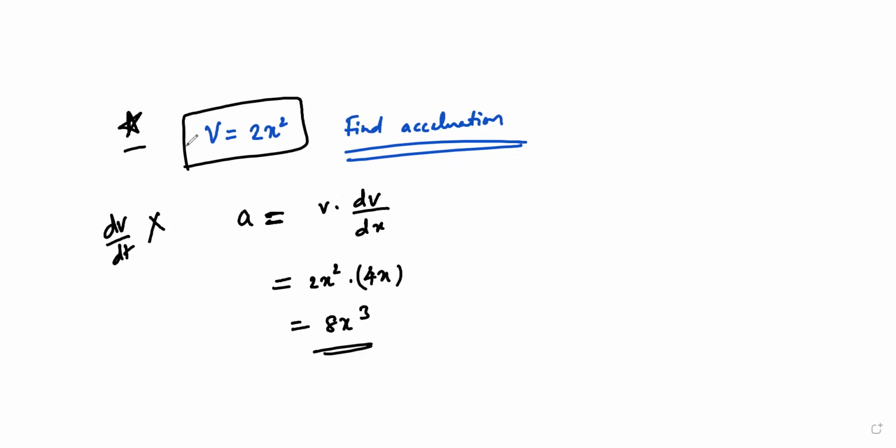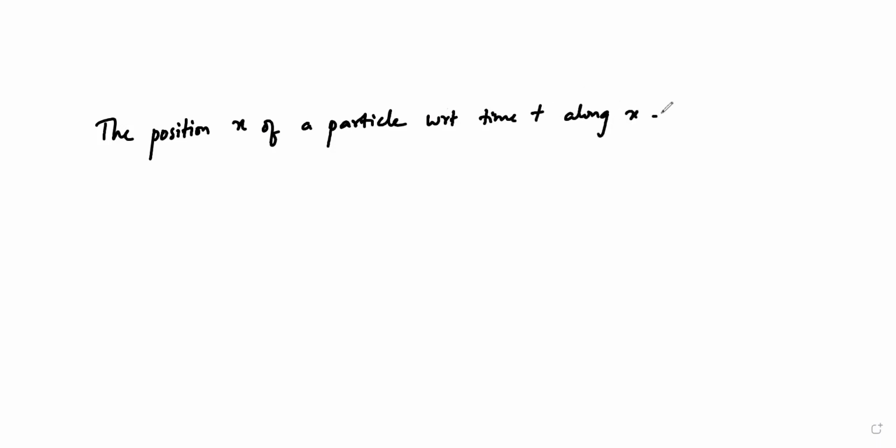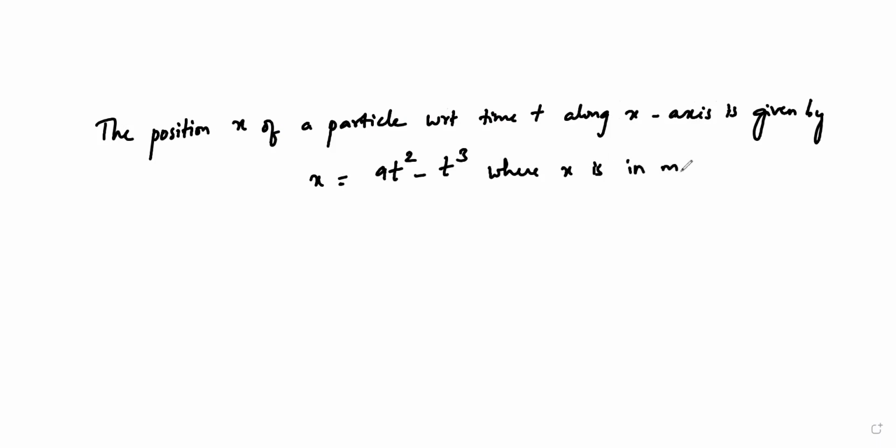Next question. The position x of a particle with respect to time t along the x-axis is given by x is equal to 9t square minus t cube, where x is in meters and time t is in seconds.